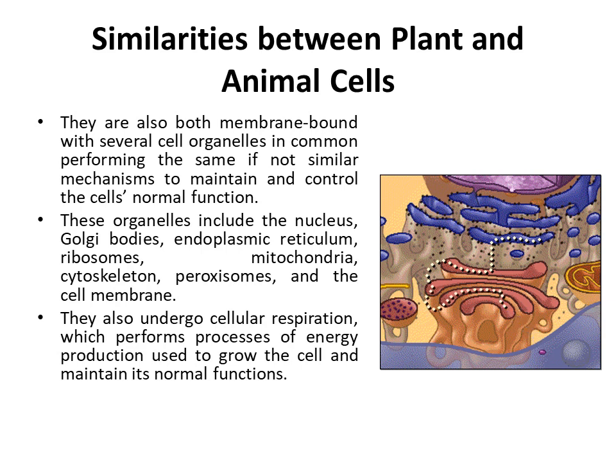These organelles include nucleus, Golgi bodies, endoplasmic reticulum, ribosome, mitochondria, cytoskeleton, peroxisome, and cell membrane. They also undergo cellular respiration, which performs different processes of energy production, and that energy is used to grow the cells and to maintain their normal function.